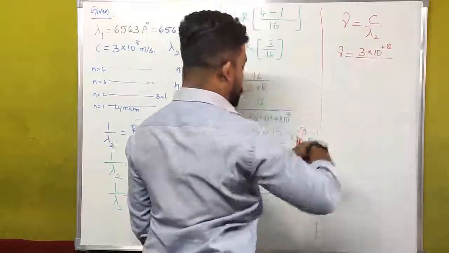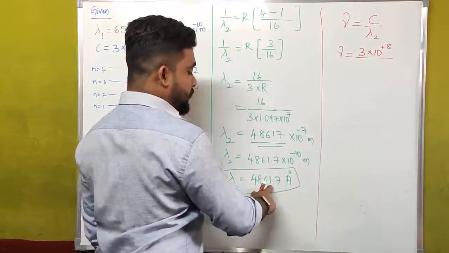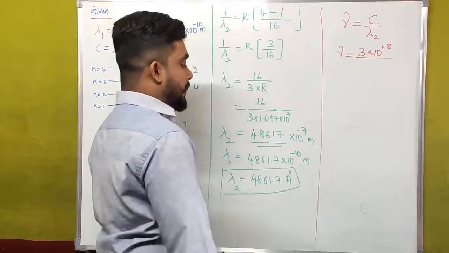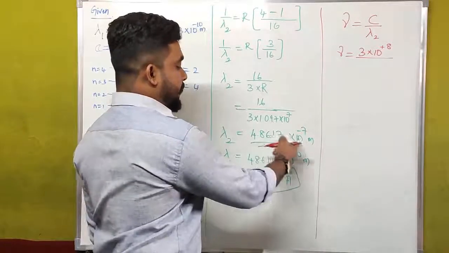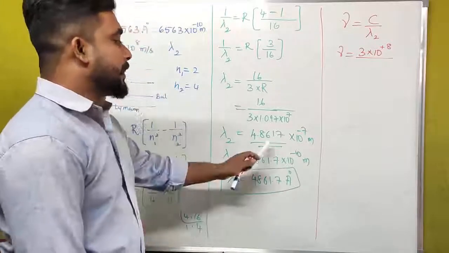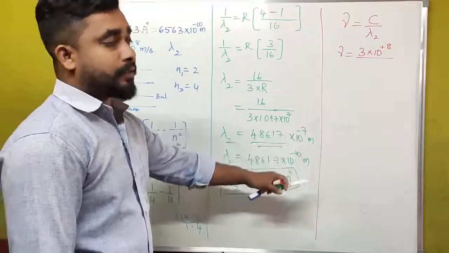And what is the wavelength here? 4861 into 10 to the power of minus 10 meter, or you can consider this value 4.8617 into 10 to the power of minus 7 meter.